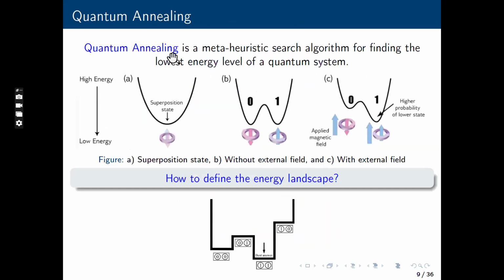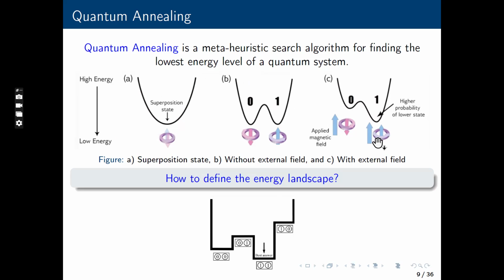Okay, one of the most popular quantum computing optimization algorithms is called quantum annealing, and it's basically a meta-heuristic search algorithm for finding the lowest energy level of a quantum system. So the algorithm basically works like this. Initially, all the qubits in a quantum computer are in superposition state. So, without any external force being applied, the probability of these qubits either falling into zero or falling into one remains 50-50, equal. However, things get interesting here.